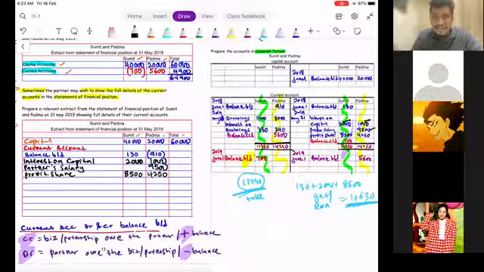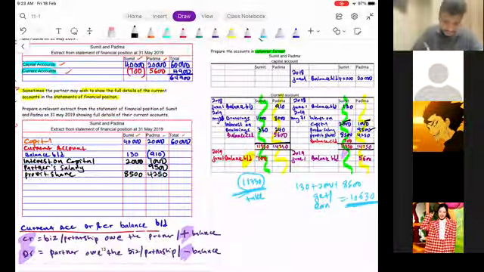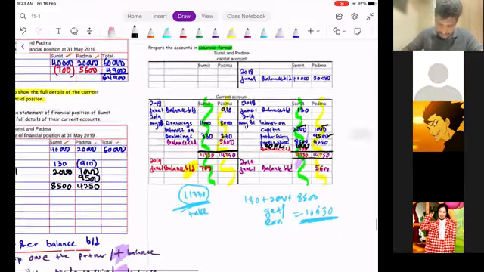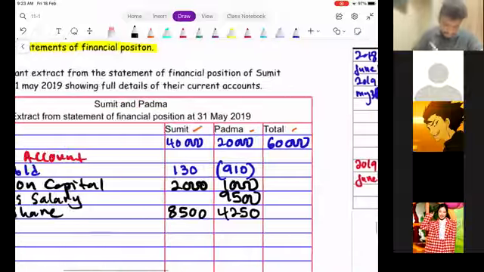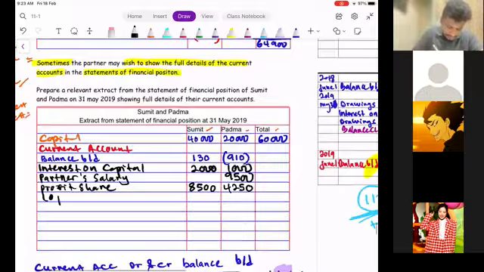So what if I have an interest on loan? What to do with it? Normally, if there's an interest on partner's loan, we write here interest on partner's loan 1,000 like this. Can you see or not? It will be on the credit side. Interest on partner's loan 1,000 or whatever thousand, we write here, and also here.